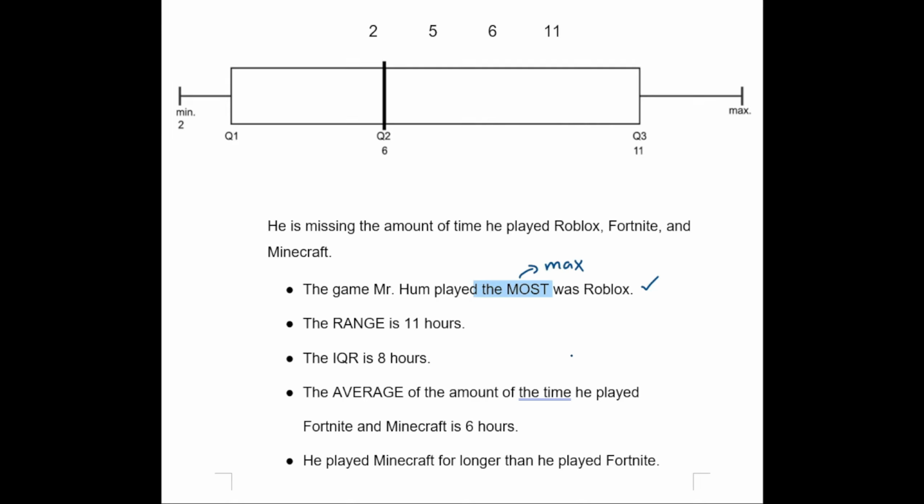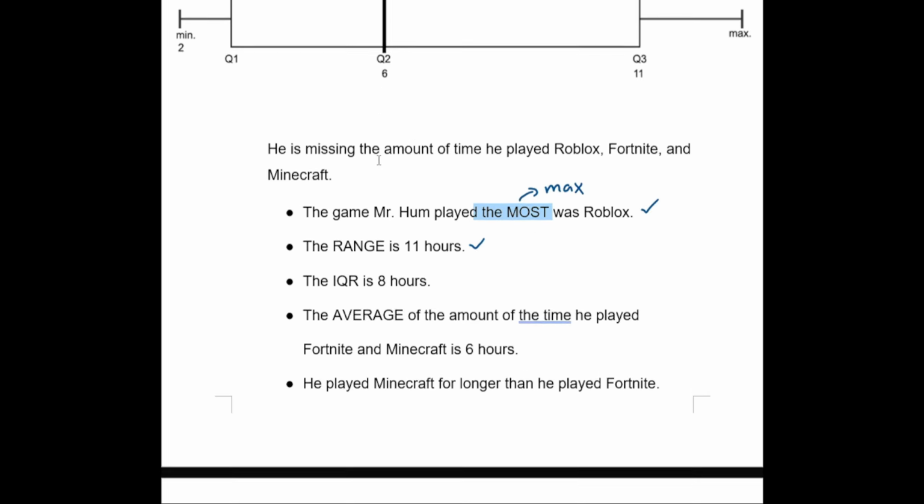How are we going to find what that number is? Well, we know the range is 11 hours. And remember, the range is just the distance between your max and your min, and you can find that by taking max minus min, okay? In this case, we don't know what max is, but we know what the minimum is. If the range is 11 hours, then the max has to be 11 higher than your minimum.